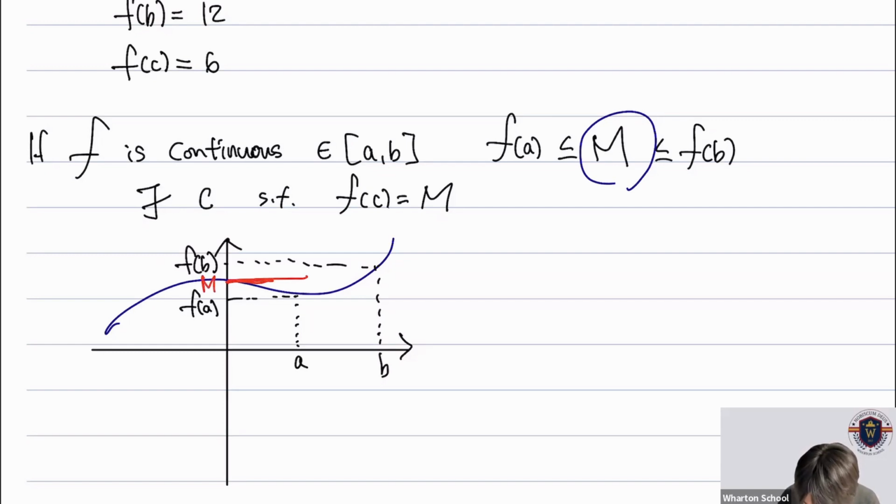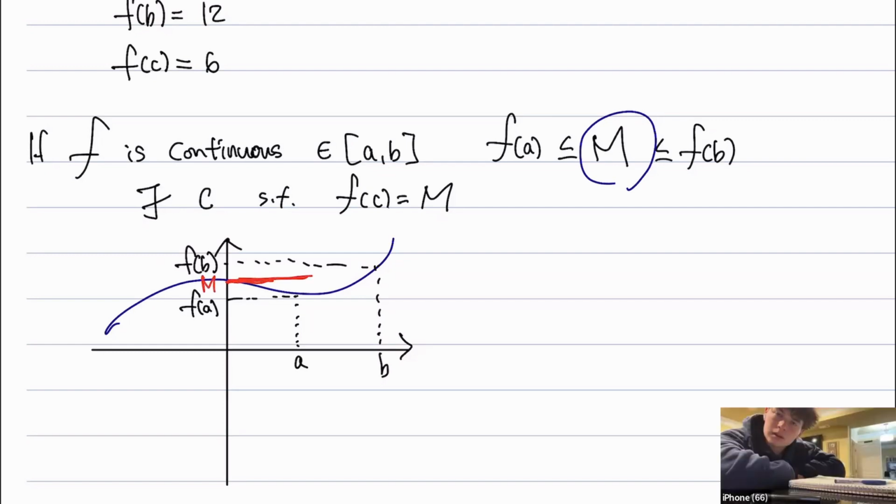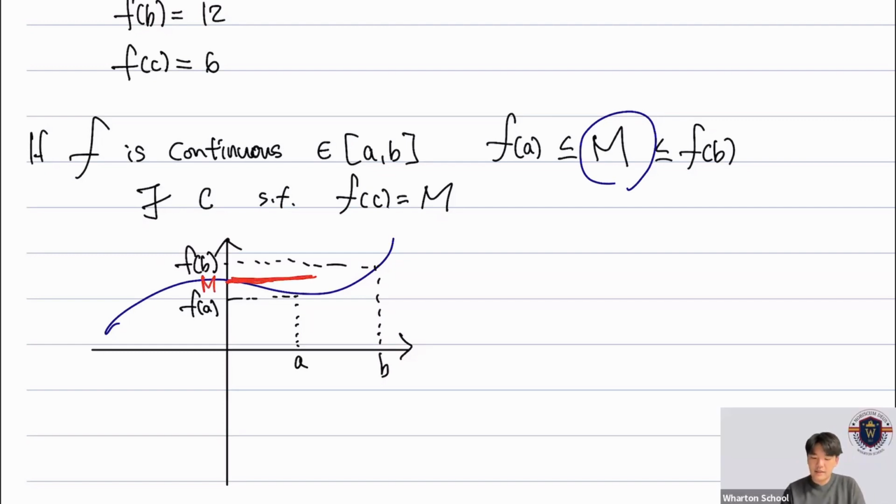The IVT says there is c in between a and b such that f of c is equal to m. So there should be a c, like here. There must be at least one such value. This is what the intermediate value theorem says.